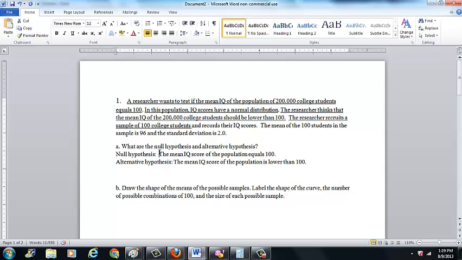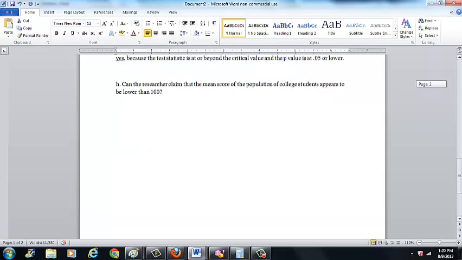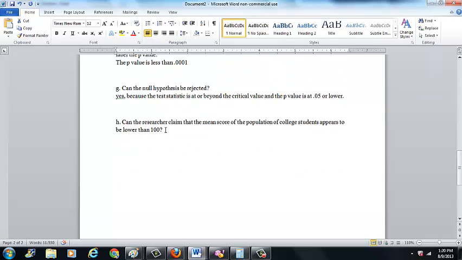We rejected the null hypothesis, which means that we supported the alternative, which means that we did support the claim that the mean IQ score is lower than 100. So yes, the researcher can claim that the mean appears to be lower than 100.